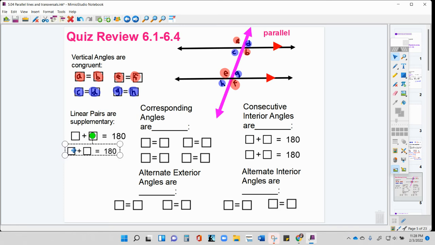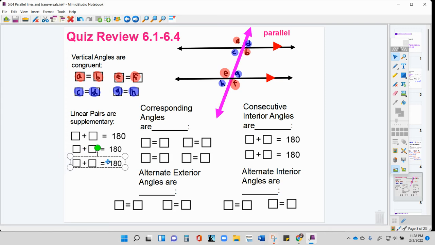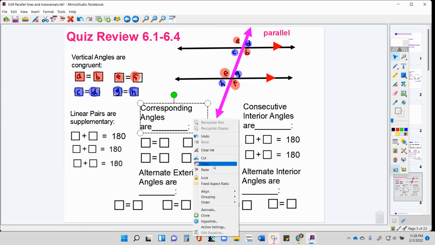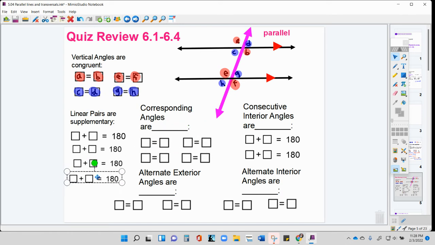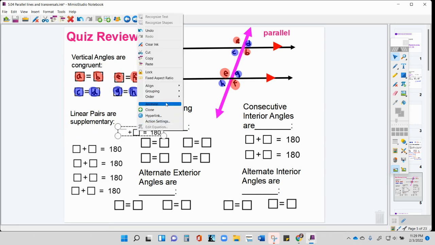So that's 1, 2, 3, 4, 5, 6. I need to shrink these.